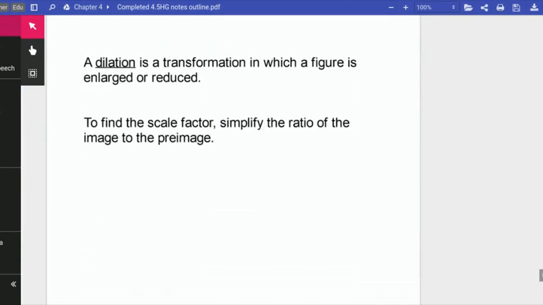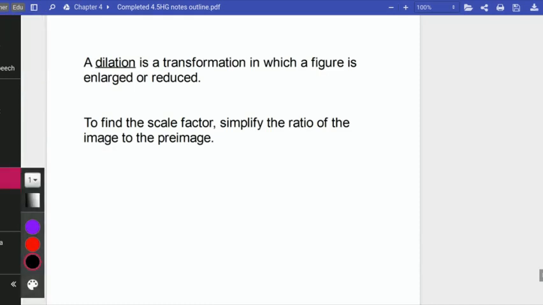So a dilation is a transformation in which a figure is either enlarged, made bigger, or reduced, made smaller. And to find a scale factor, which is telling us how much bigger or how much smaller something is, that is just the ratio of the image to the pre-image. So remember, image is the after, that's the one with the primes.